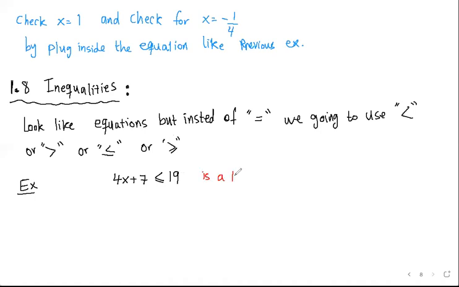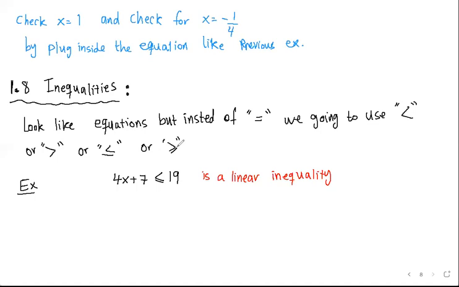It is a linear inequality because the highest exponent for the variable is 1, or because, like I said last time, it looks close to the form ax plus b equals 0.